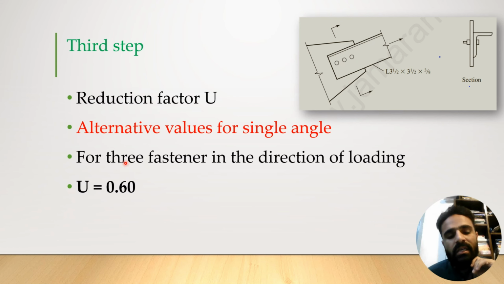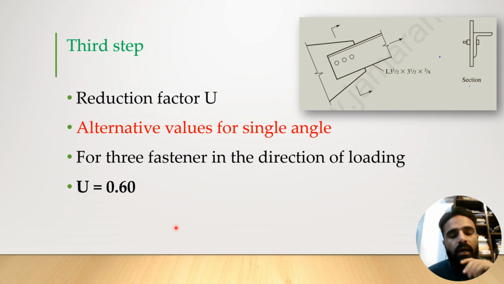If the number of fasteners in the direction of loading is more than 3, then the reduction factor will be 0.80. Remember this. So in this we will use the fourth category for finding the shear lag reduction factor. There are a total of 5 categories, which I discussed in earlier lectures also. So here we found the value for U, which is 0.60.